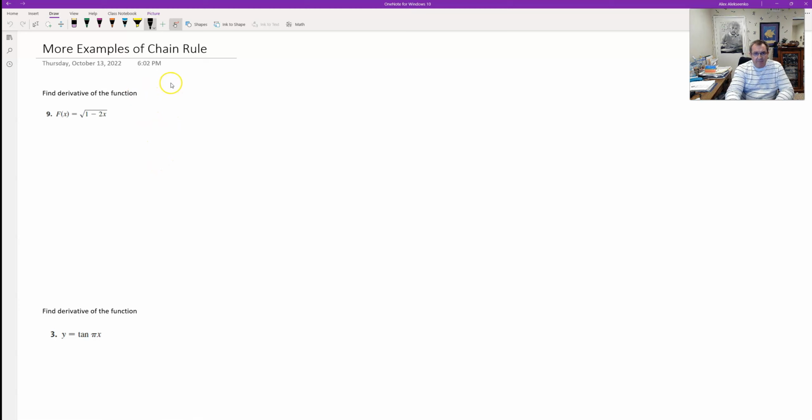So just to recap, the derivative of the composition f of g of x is equal to the derivative of function f evaluated on g of x times the derivative of function g. So I would like to evaluate the derivative of the following function, square root of 1 minus 2x.